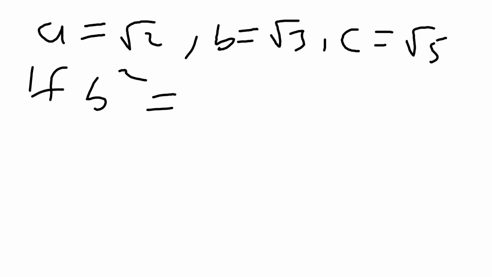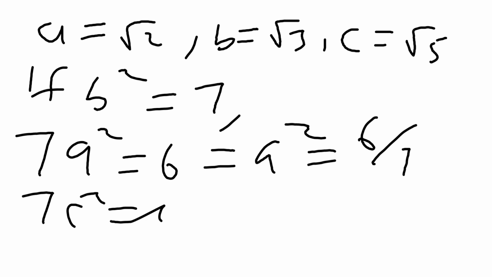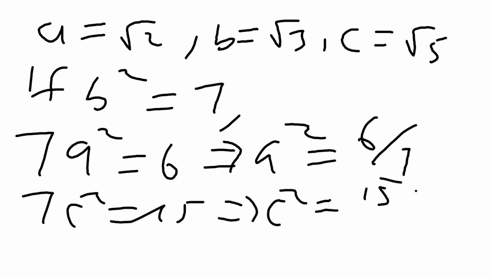Then if b squared is equal to 7, what will we have? From equation 2i, 7a squared will be equal to 6, which means that a squared is 6 over 7. Then from 2iii, 7c squared is 15, and that means that c squared is equal to 15 over 7.